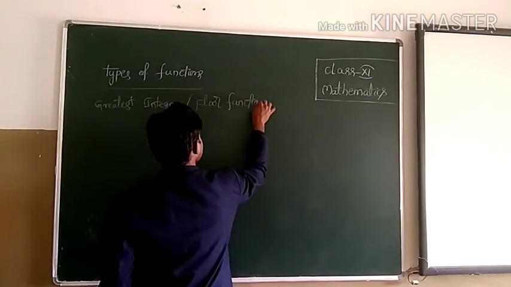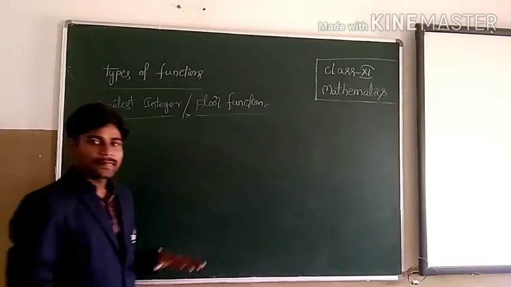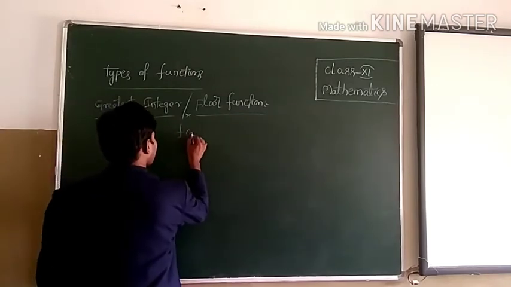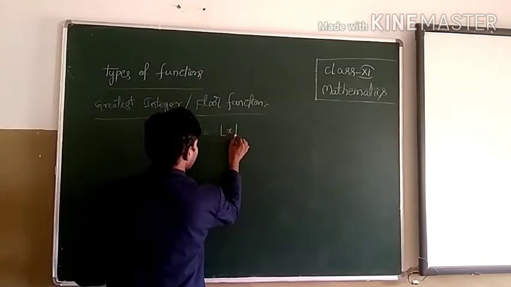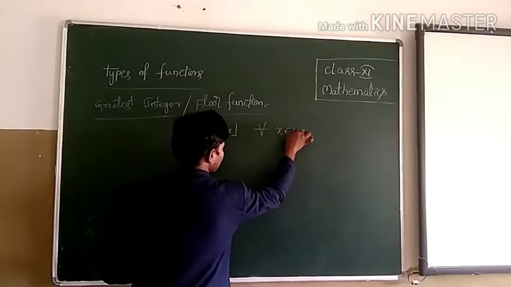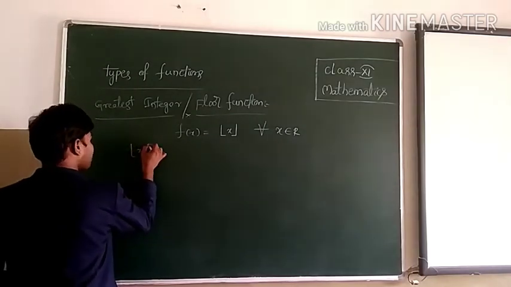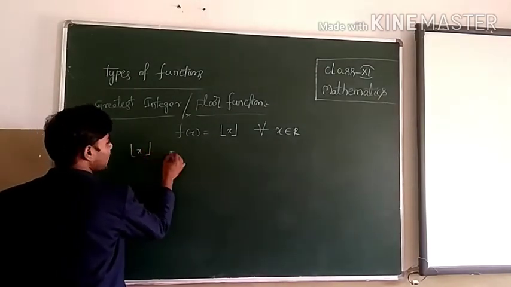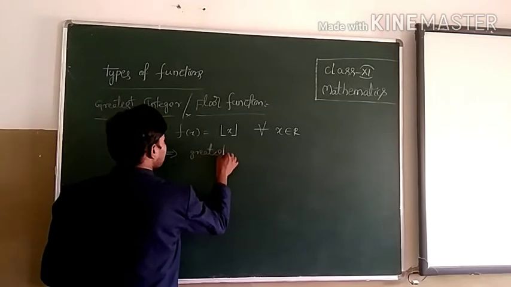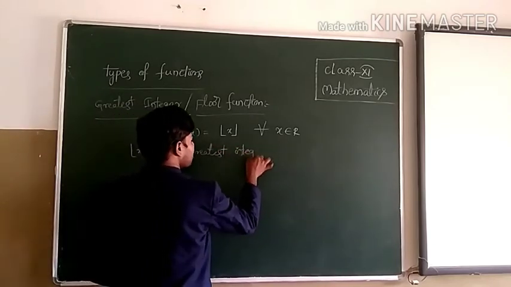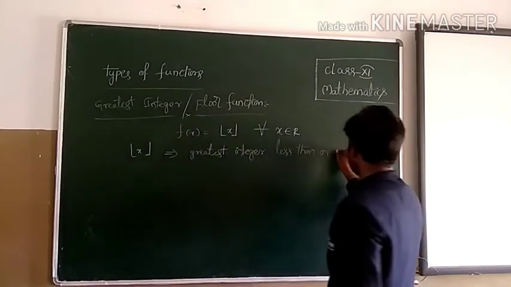The greatest integer function is defined as f of x equals greatest integer of x, for all x belongs to R, where the greatest integer of x denotes the greatest integer less than or equal to x.